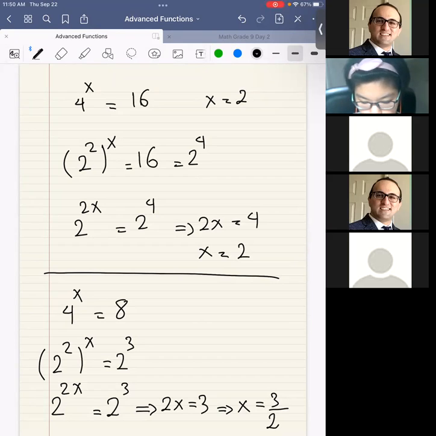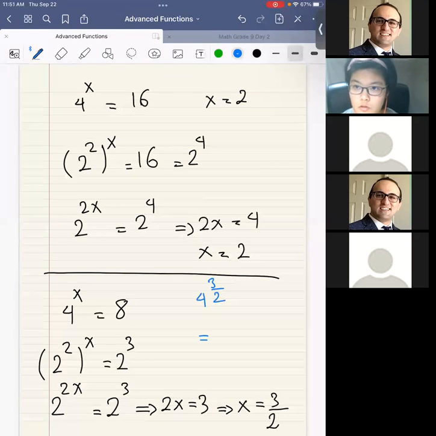And you can see and try that this is actually a solution. Just plug in and try. 4 to the power 3 over 2 is equal to, you can do this in many ways, but one way is just to write 4 as 2 squared.